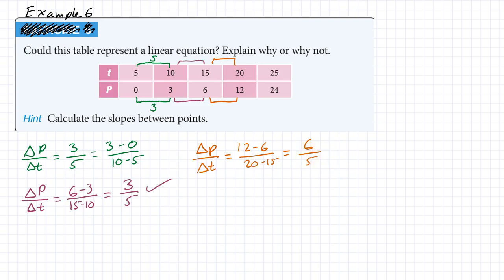So because these are different, and by the way, if you were to do this one here, you'd get 12 to 24 is 12 over 5. That's different again. So these are totally different numbers, which means it cannot be a linear equation.